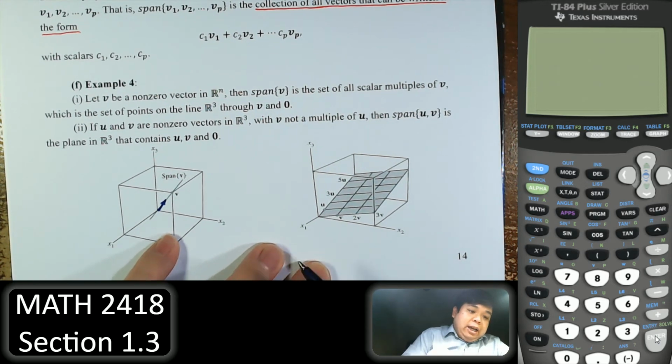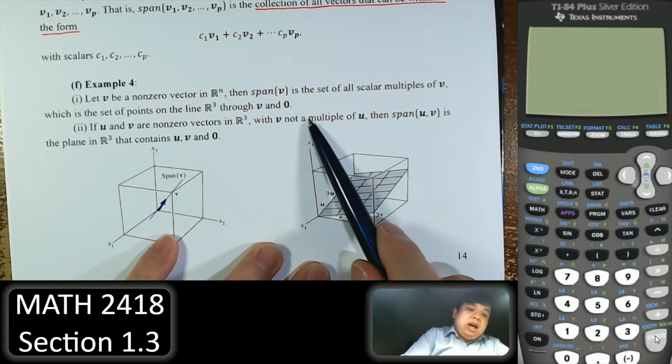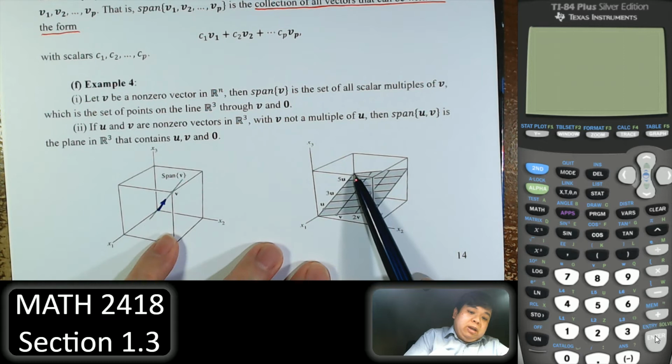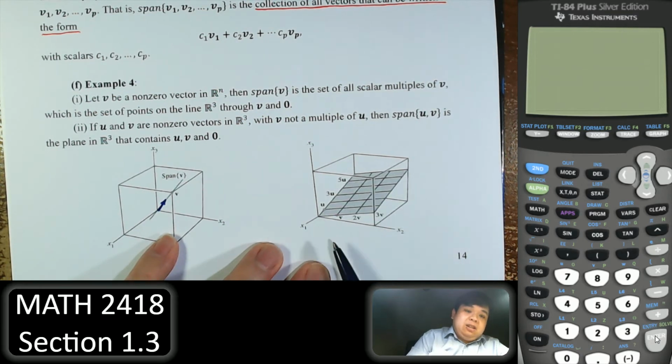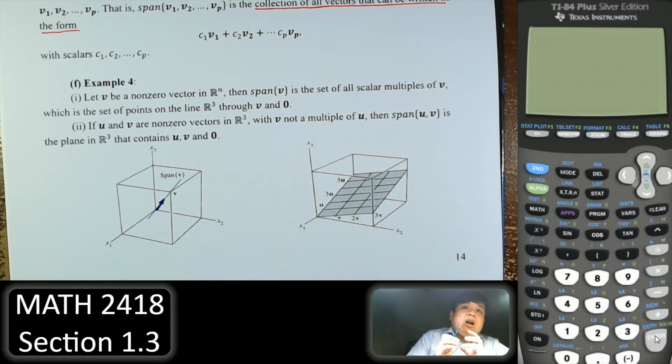Likewise, if we have vector U and vector V, suppose they are not multiples of each other, suppose they are not parallel, then the span of those two vectors will be this plane with vector U and vector V. So the plane will be the set of all the linear combinations of vector U and vector V.